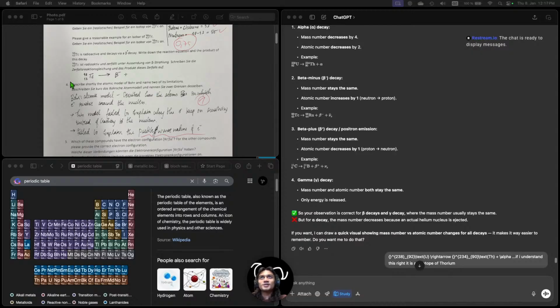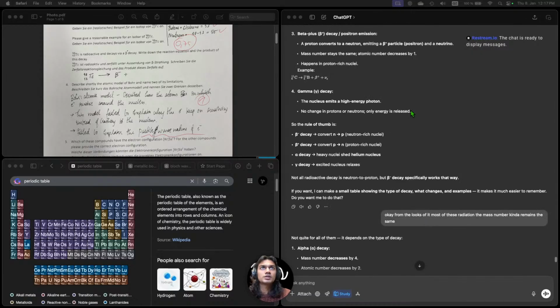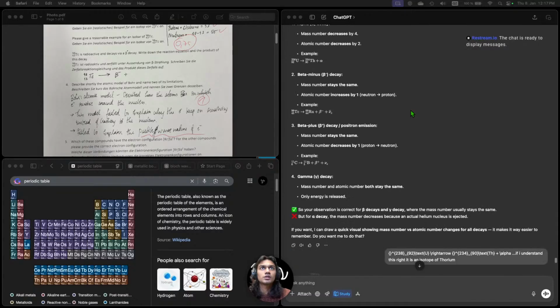I got this correct. So if we were doing this, beta minus, it's gonna be protons to neutrons, right? No, beta minus is neutron to proton.